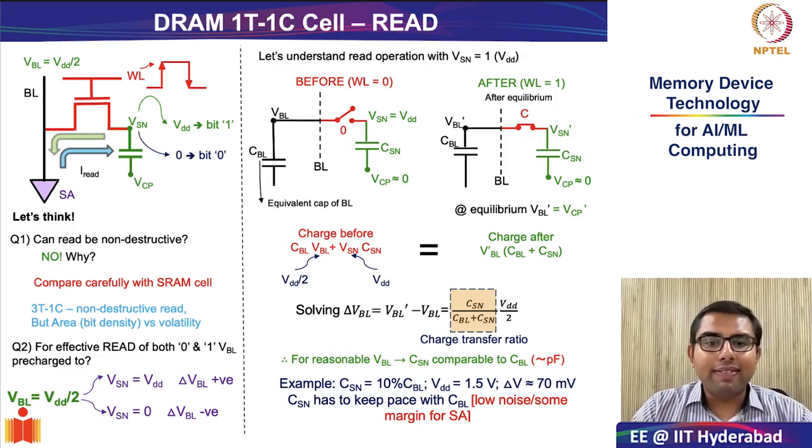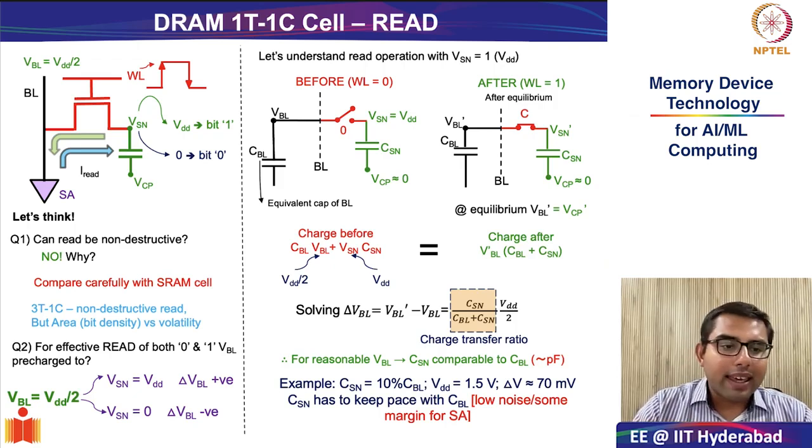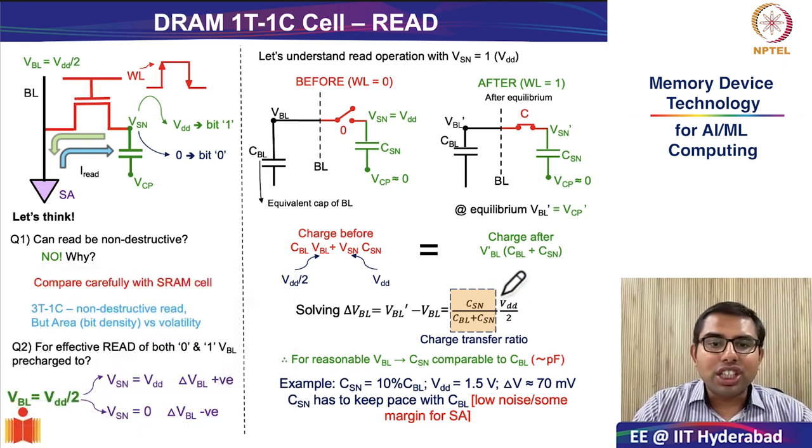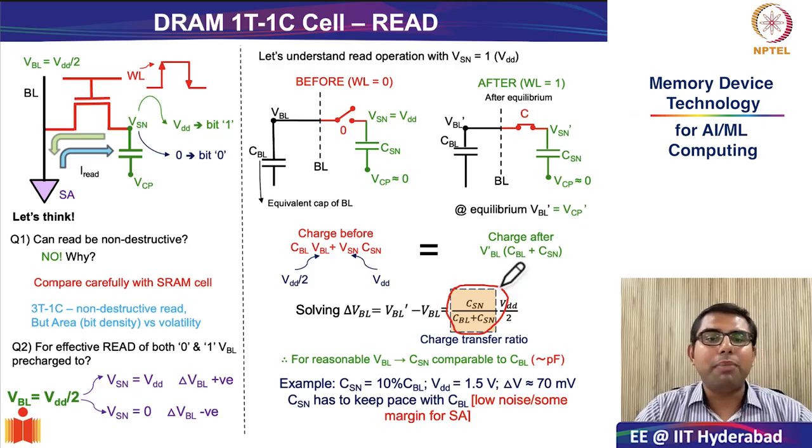Please try to recall what we were studying in the last class. We saw that using a very simple charge sharing model, you can derive the charge sharing ratio, which was CSN divided by CBL plus CSN. Therefore, we saw that CSN has to be at least 10 to 15% of CBL.